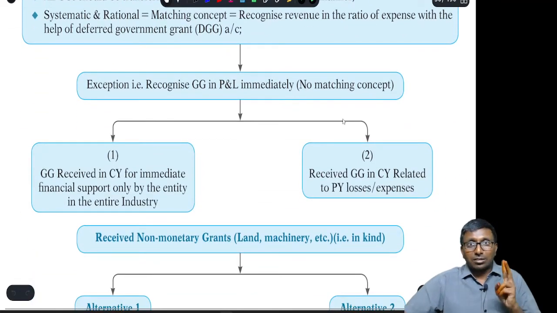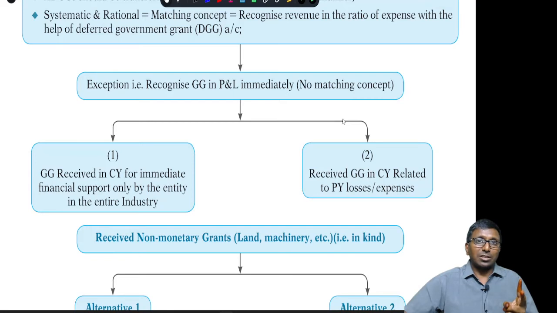But there are two exceptions to this matching concept. One is government grant received in the current year for previous year losses or previous year expenditure. Then there is no matching concept. It cannot be ensured. That's why it should be recognized in the current year immediately whenever you get that money. And the second thing is government grant received in the current year for immediate financial support for only our entity.